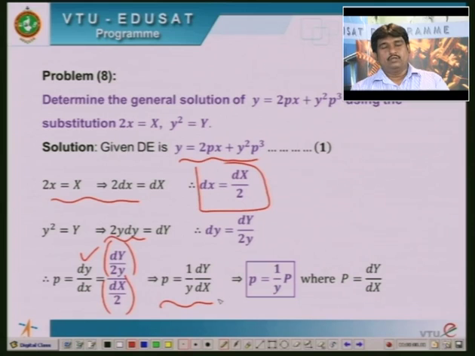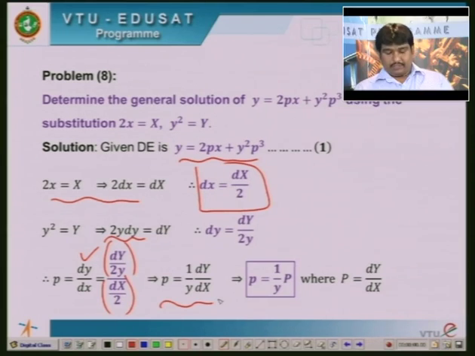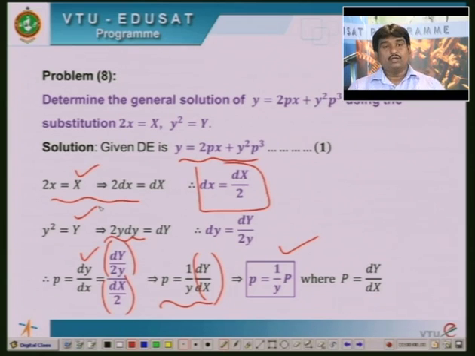Simplify this to get small p equals 1 by y into d capital Y by d capital X. Now write the derivative d capital Y by d capital X as capital P. So, small p is converted into capital P when small x is converted to capital X and small y square is converted to capital Y in this fashion. Now, substitute all these things in equation 1.